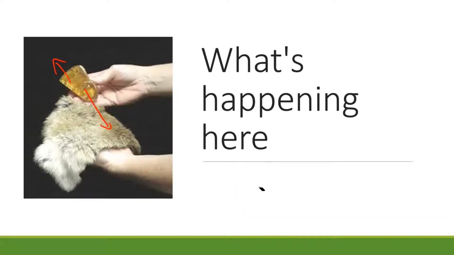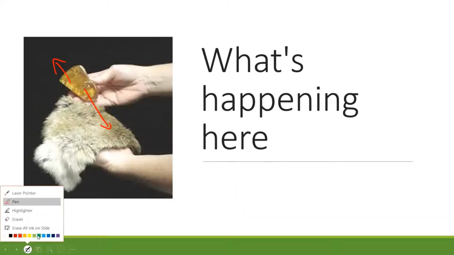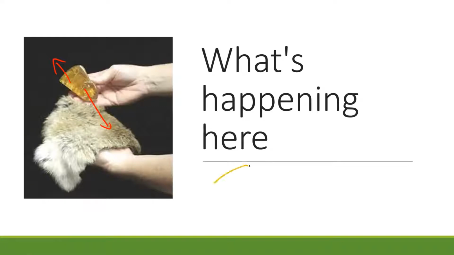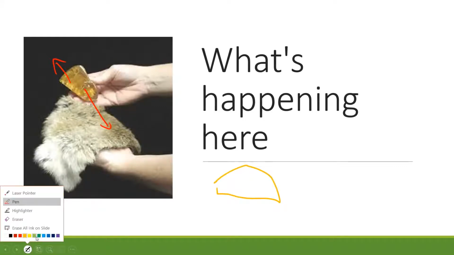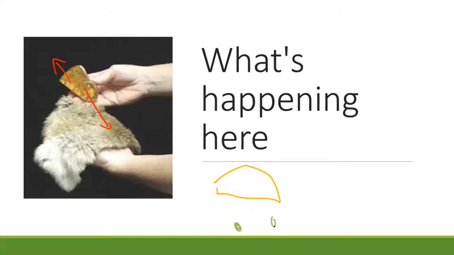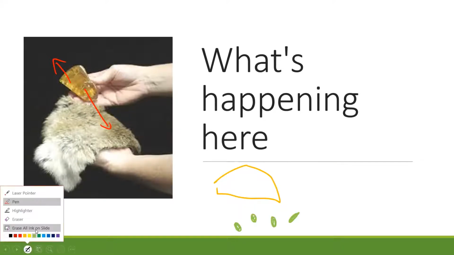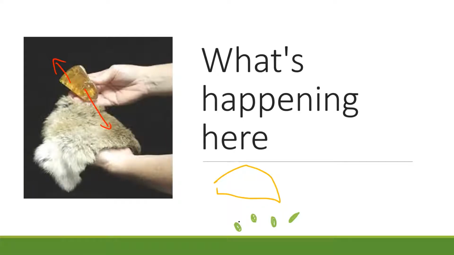That piece of amber could then pick up small leaves and twigs and sticks. What people would notice is that if you had a bunch of leaves or sticks, things would actually fly up to the amber. And they would be attracted to it.